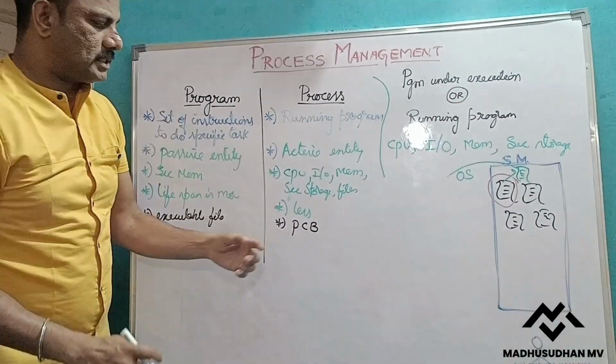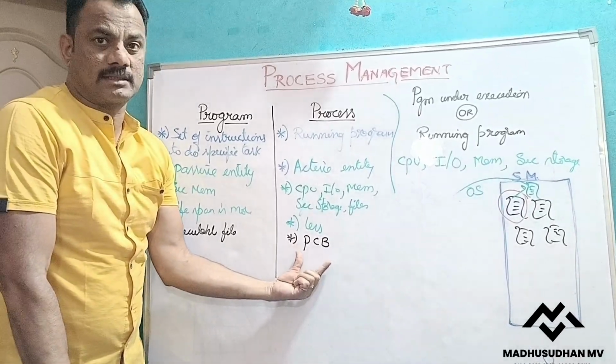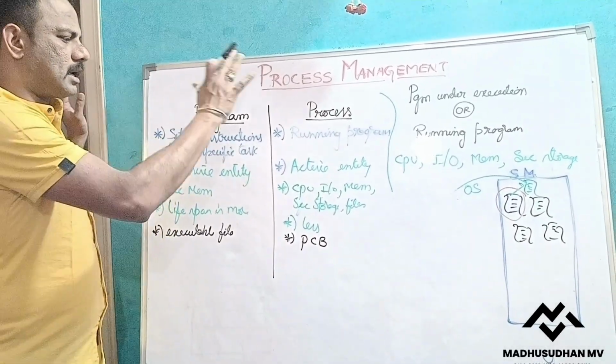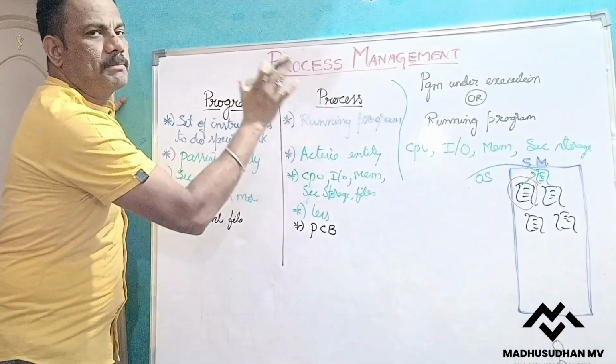We also discussed this in the previous video. It is stored in the main memory in the form of a process control block. So these are the five major differences between a program and a process.